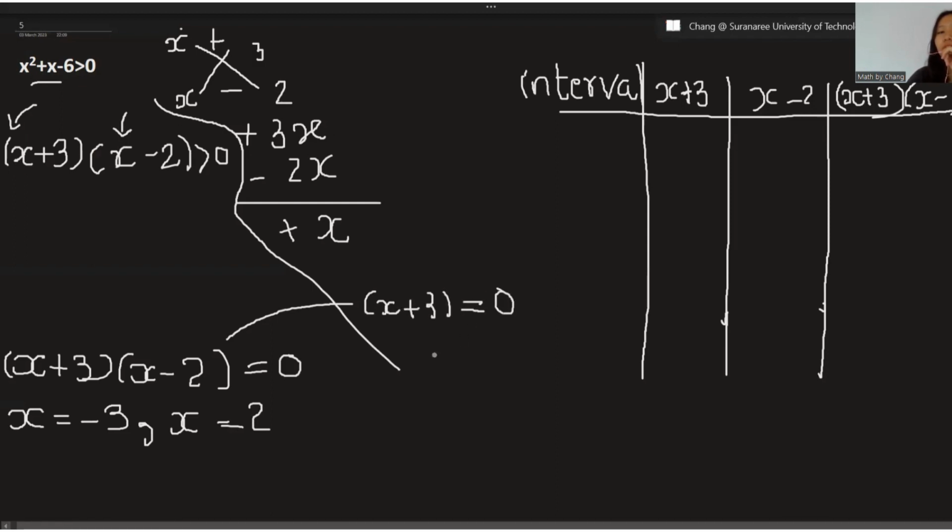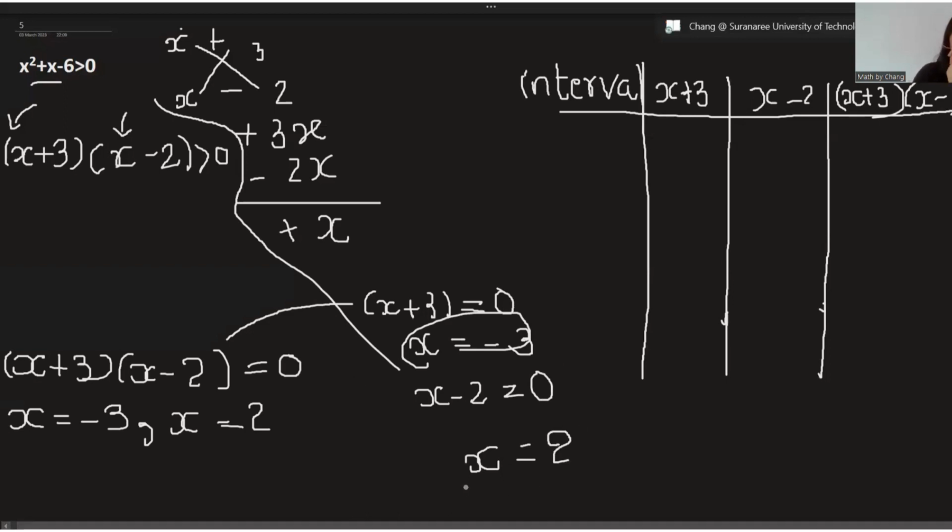So what will you get? X equal to, you have to subtract 3 from both sides, so you will get minus 3 here. So the first one, you will get minus 3. And for the second one, x minus 2 equal to 0. What will you get? You have to add 2 on both sides, right? So you will get 2 here. This is simply how you consider it, in case my showing you is a bit difficult to understand. So I hope you get this.